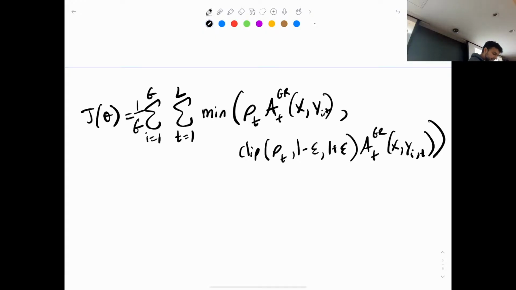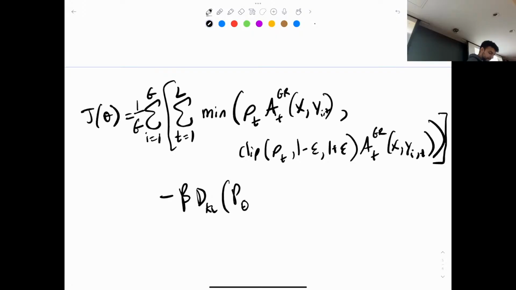And so here we are going to compute this whole term and then subtract the KL divergence as a completely separate term in the loss function. So unlike in the PPO algorithm we covered before, here the KL term is not rolled into the advantage, and instead it's a separate penalty.